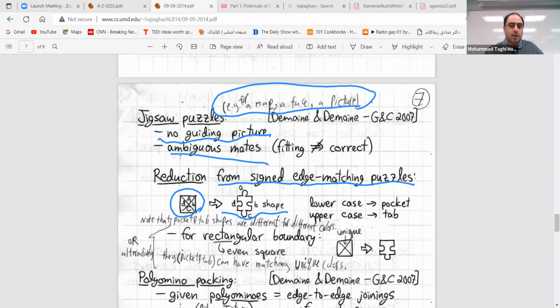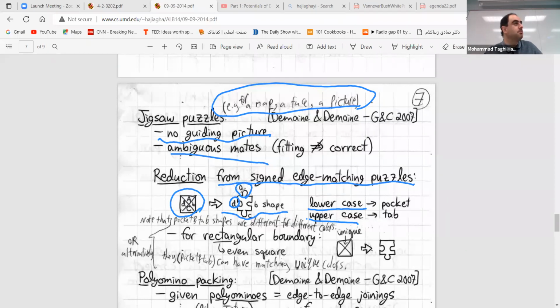So here's the idea. The lower case becomes essentially a pocket like this one. It goes inside, and then the upper case becomes a tab like this. And you can still have the colors as well. We will talk about the version where you don't have the color, but here say that you have the color.